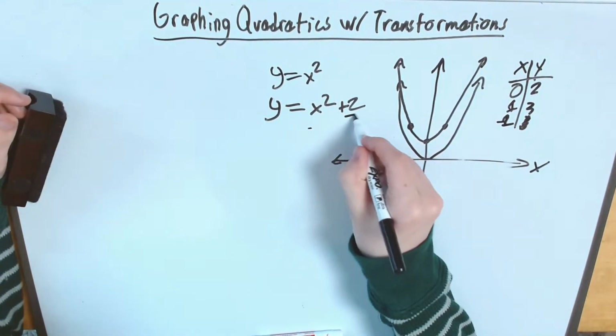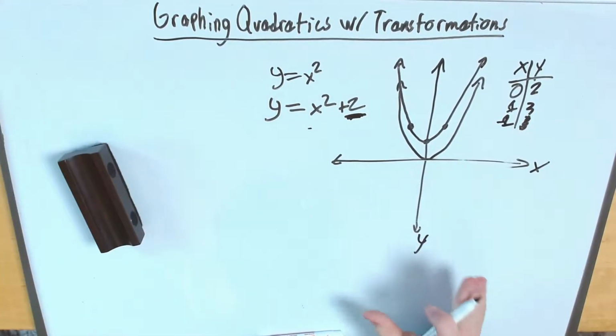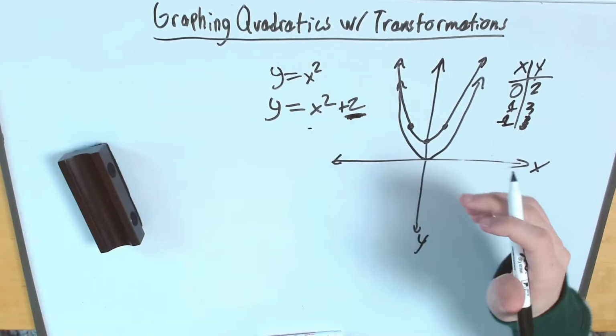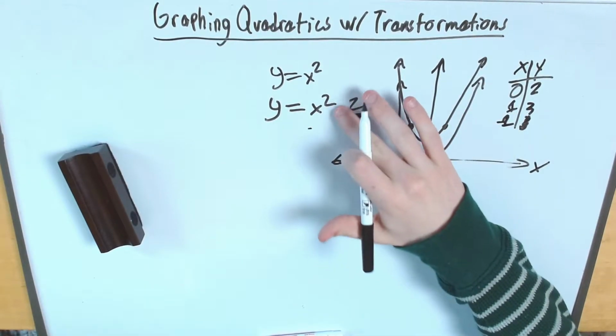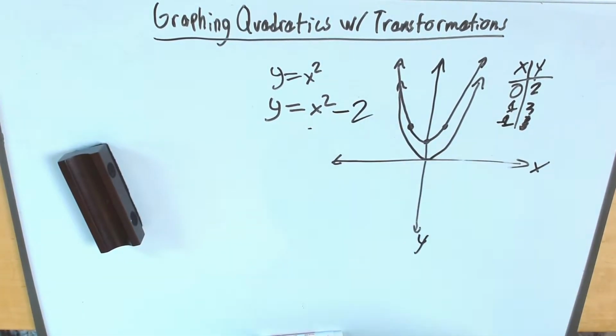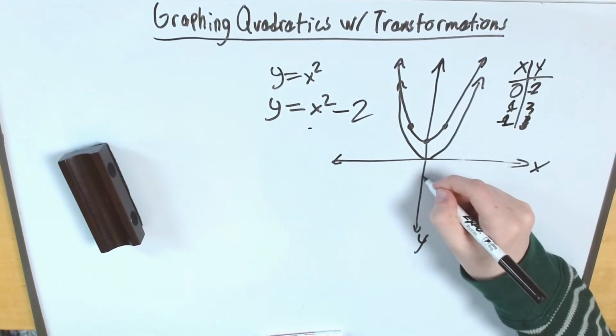So that means that this number at the end here refers to how we're shifting up the graph, right? So if it was y equals x squared plus 4, we'd be shifting it up 4 units. However, say this is x squared minus 2. What is that going to do? So I plug in 0, I get negative 2.